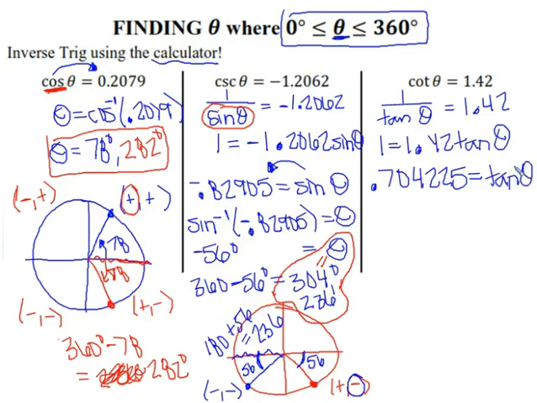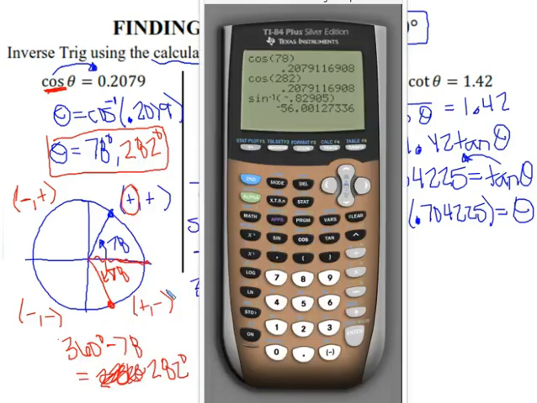Now in order to get the theta, the angle by itself, we have to move the tangent over, so we're going to have to use the inverse operation. So let's figure out what our angle degree is. So we have the inverse of tangent, and 0.704225.